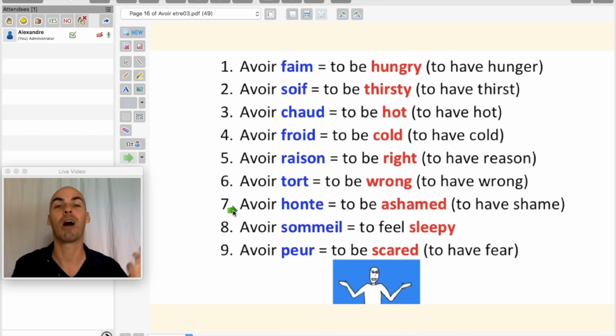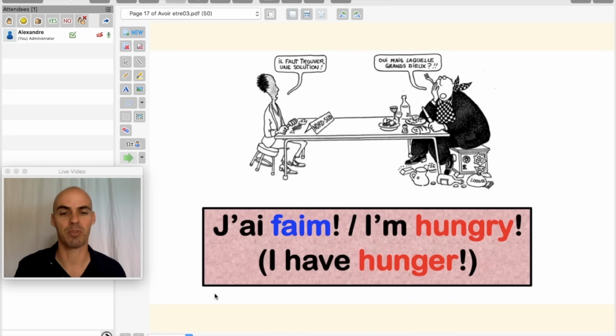Avoir honte. To feel sleepy is avoir sommeil. We don't use that one a whole lot. That's really not the most important one that you need to worry about. The last one, yes, we do use it a lot. To be scared is avoir peur. To have fear, literally. Avoir peur. So let's see some examples.